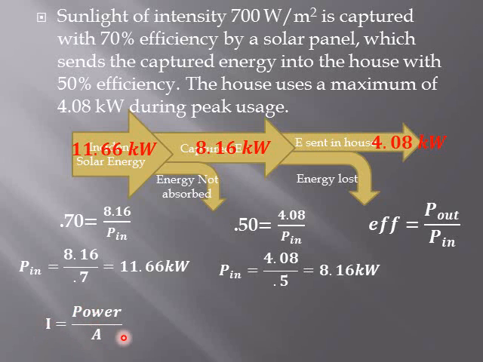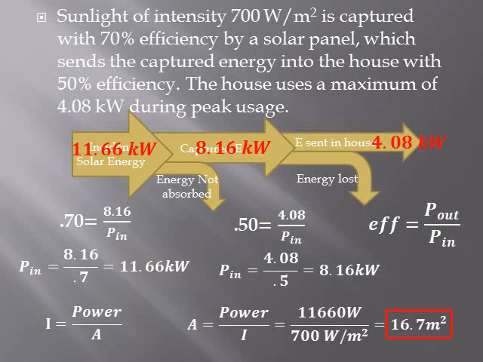We're solving for area. Intensity is going to be this amount over here, and the power that we need is this amount over here. So we plug in our numbers, rearrange, and we solve, and we get an area of 16.7 square meters. So for this house, we are using a massive amount of surface area just to run the energy for this house.